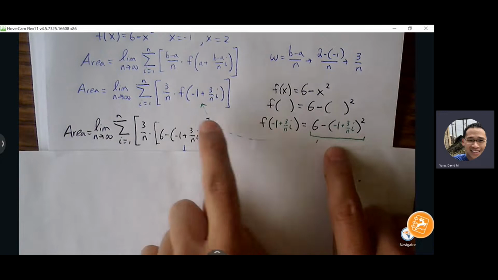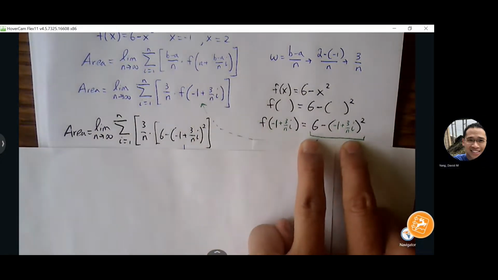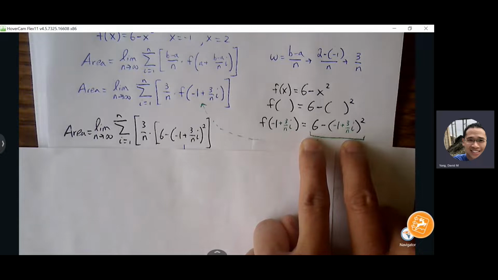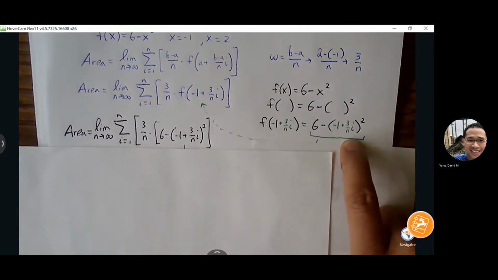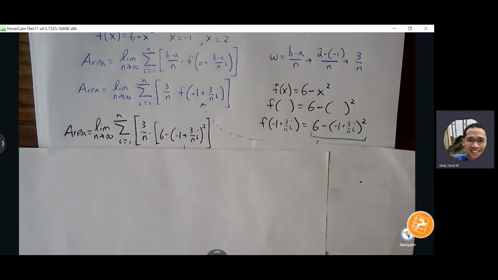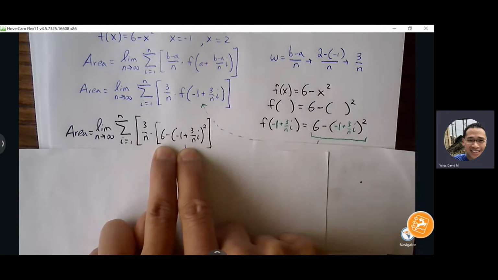And now you can get that function notation out of the way and something that is going to be able to be combinable with that 3 over n. Okay. And then rewrite your expression, and now it's just a matter of doing algebraic cleanup.